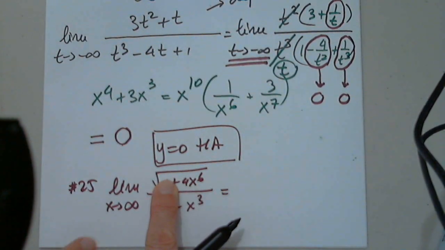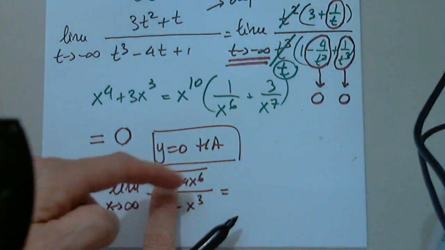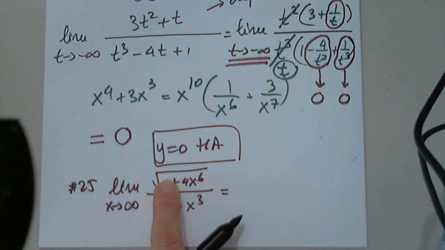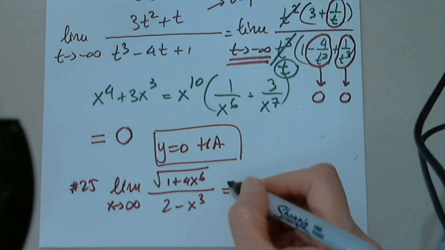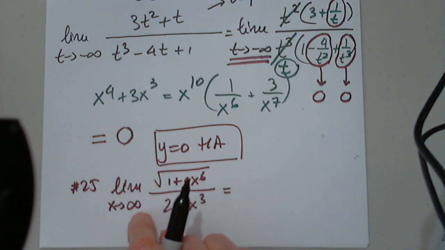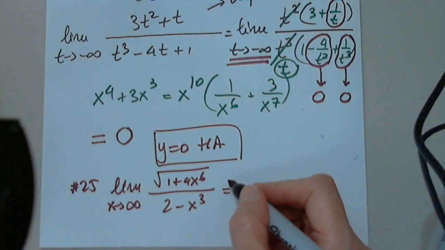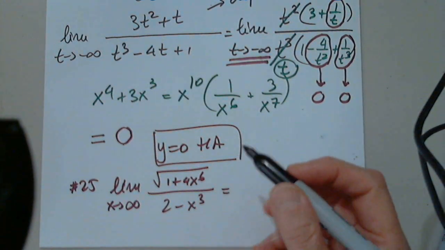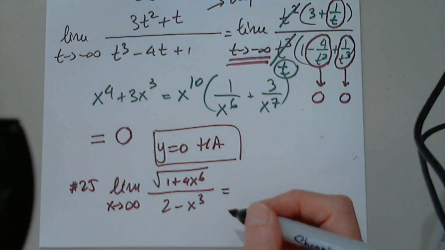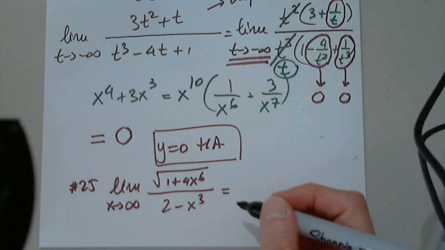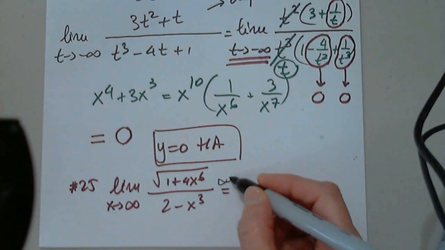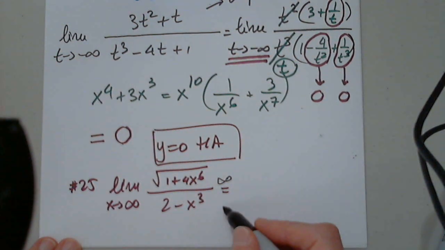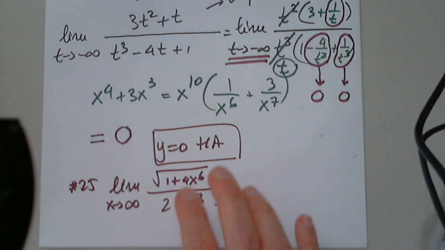So imagine that you plug it in, take the square root, and tell me what you get. 2x to the third. When x approaches infinity, plug it in and tell me what you get. I have to write a number here. I cannot write any x. A number or a symbol. Yes. Infinity. What about here? Negative infinity? Of course.